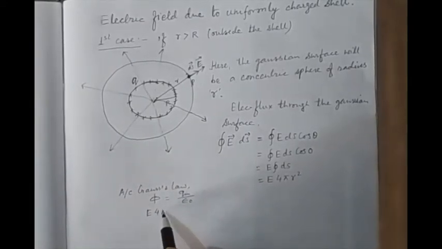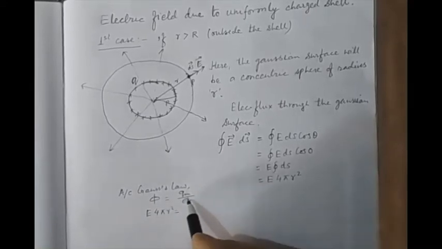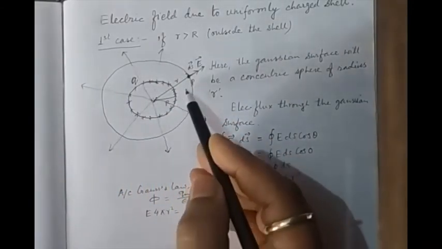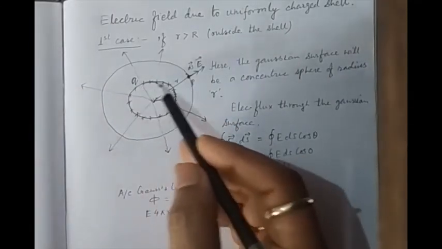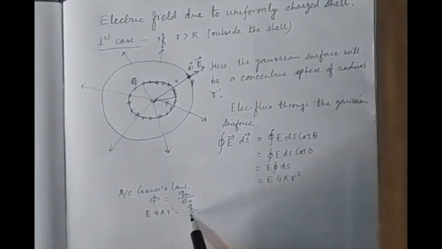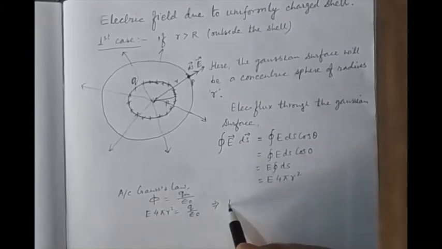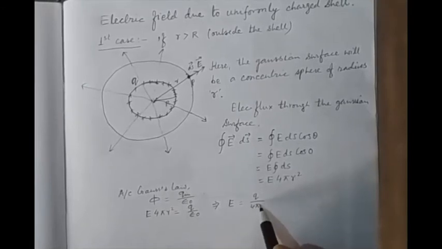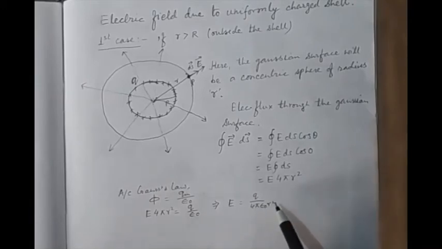E into 4 pi r square is equal to Q internal, means total charge enclosed inside the Gaussian surface. You can see that total Q charge is inside the Gaussian surface, so Q by epsilon naught. Here we can solve that E is equal to Q by 4 pi epsilon naught r square, and its direction is radially outward.